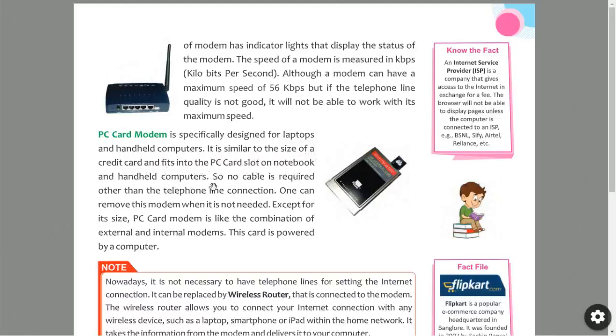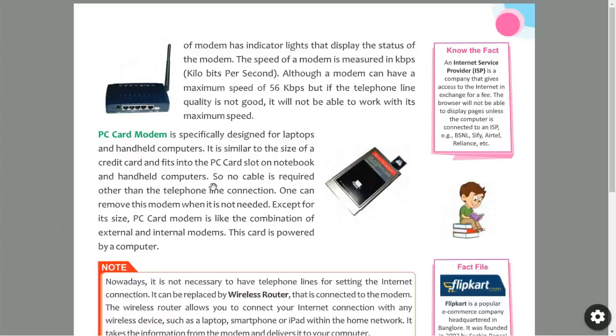The size of this PC card modem is your credit card or debit card, or in your terms, you say ATM card. And easily it fits in a PC card slot on a notebook or on a handheld computer.